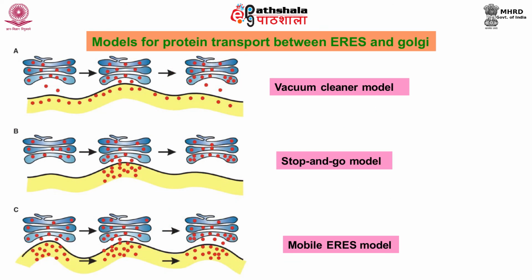The slide depicts different models for protein transport between ER exit sites and Golgi. A secretory default pathway leads from the ER via Golgi stacks to the plasma membrane. Export from ER to Golgi occurs via a COP2 mediated mechanism, but evidence for a second anterograde pathway independent of COP2 has also been postulated.